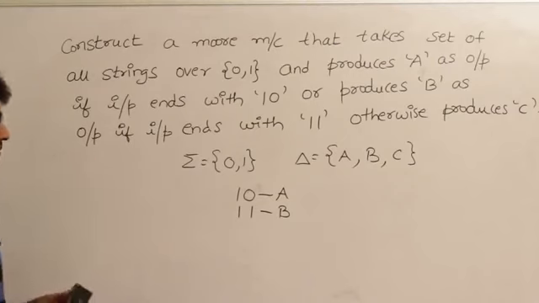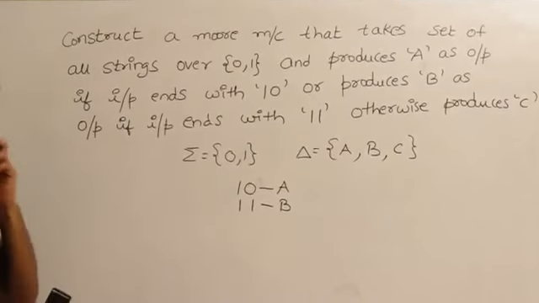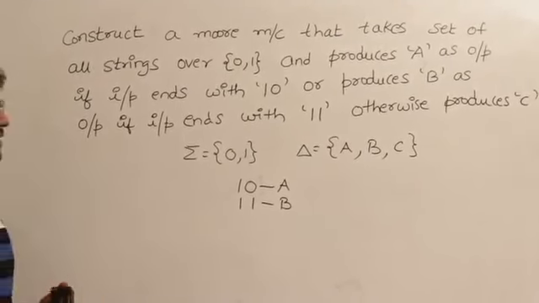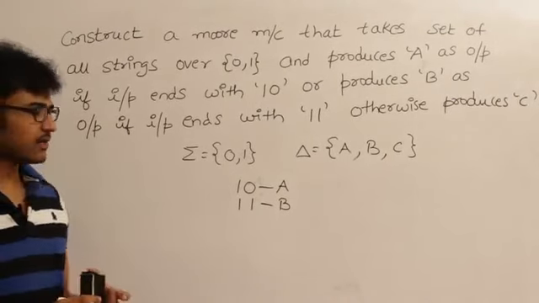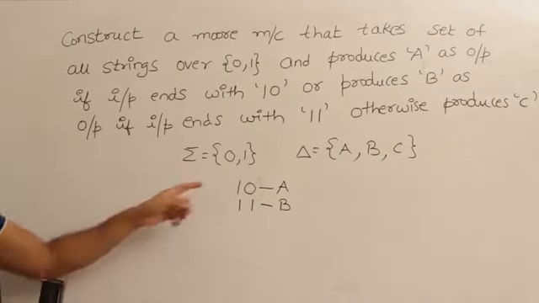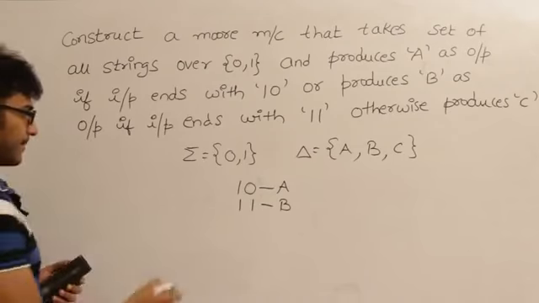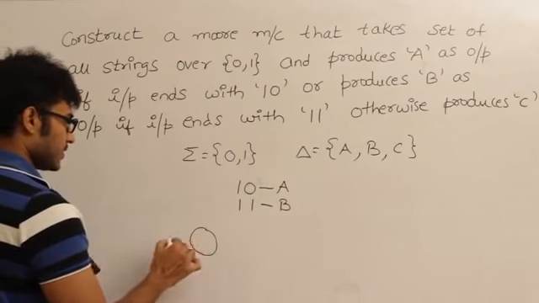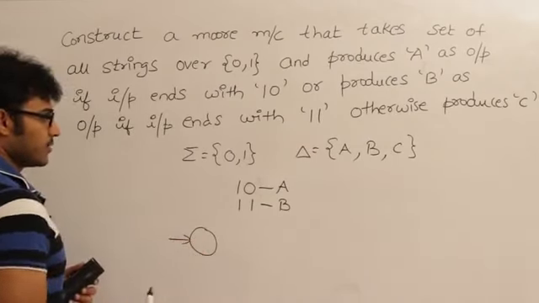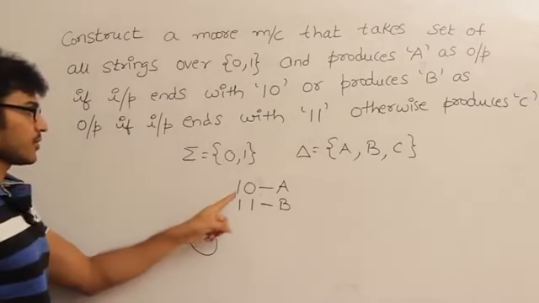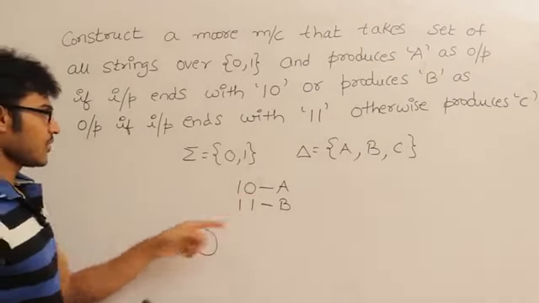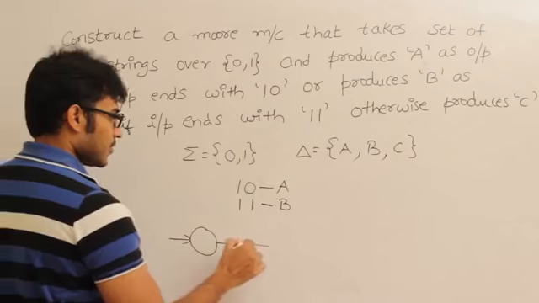Fine. So how we can do it is, we have to directly draw a DFA where a string is going to end with 1, 0 or 1, 1. So we are going to accept the set of all strings which are going to end with 1, 0 or 1, 1. So initially I am going to see 1.